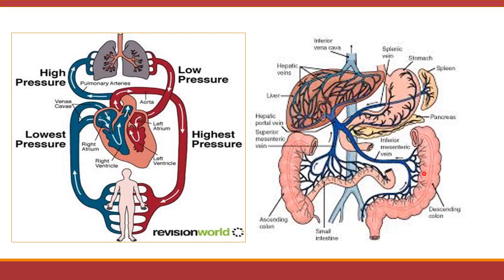They will drain their venous blood into one single vein, which is called the portal vein. This will give the blood to the liver. And then from the liver, the blood will be filtered, detoxified. Many of the components that are coming from the digestive tract are being worked upon, and then the blood will go back to the systemic circulation. So this is called the portal circulation.